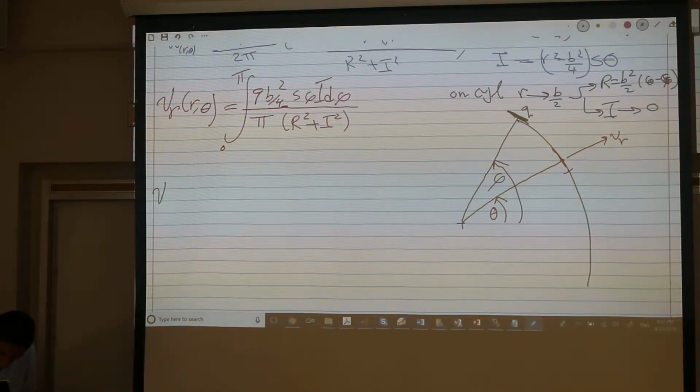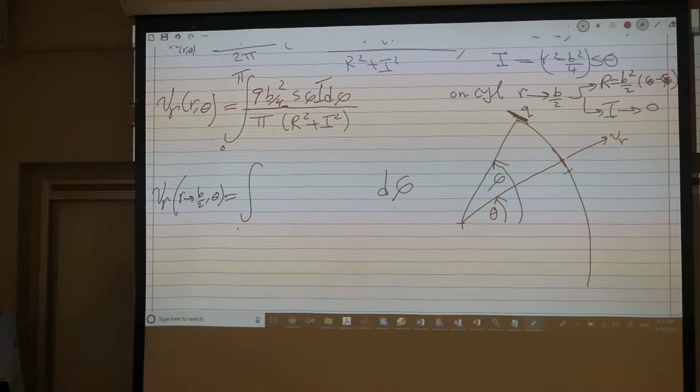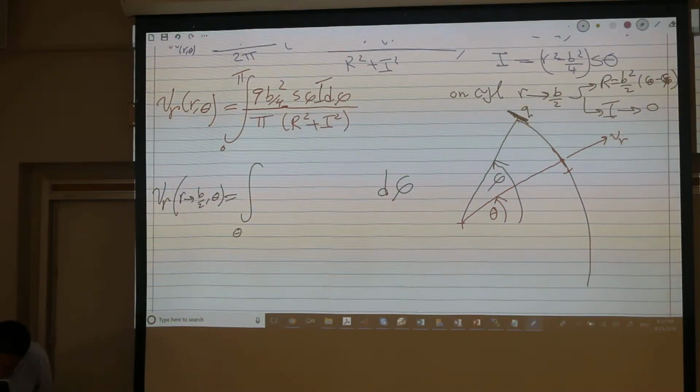V R goes to b over 2, and theta is only the integral, I'm integrating over phi. Phi is supposed to range from 0 to pi, but all the effects vanish except around theta. Theta minus epsilon, theta plus epsilon. Okay? Any question about that?